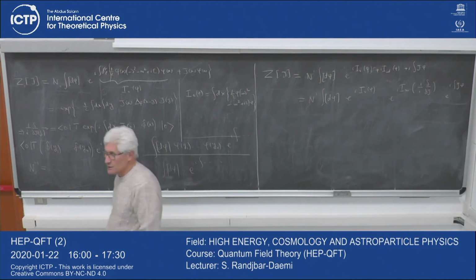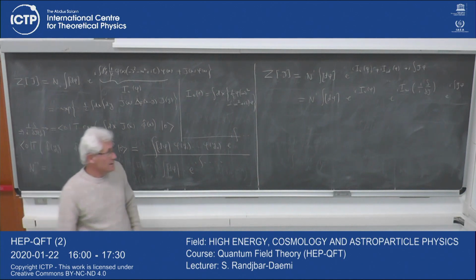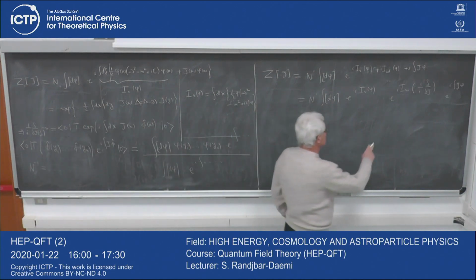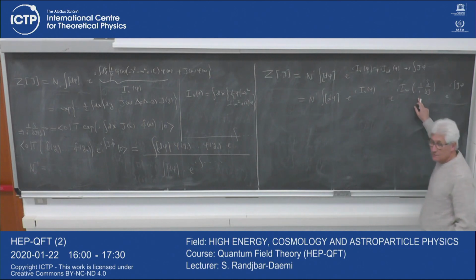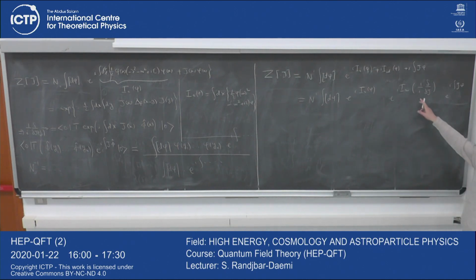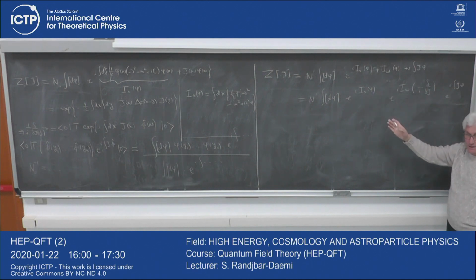But now you have achieved something, because this factor here does not depend on phi. We are integrating over phi, and this is a differential operator with respect to J. There is no phi dependence here. So we can take it outside the integration sign.